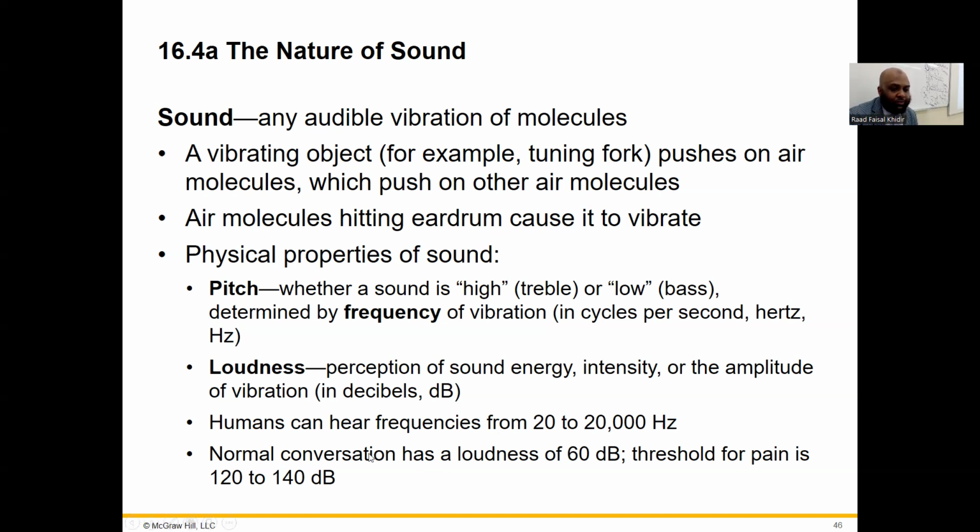Normal conversation has a loudness of 60 decibels. The threshold for pain is 120 to 140 decibels. Ever had headphones on and you've been listening for a while, then you had ear pain, especially with those really big headphones? Anybody had that experience? Never? Yeah, I had that a while ago.